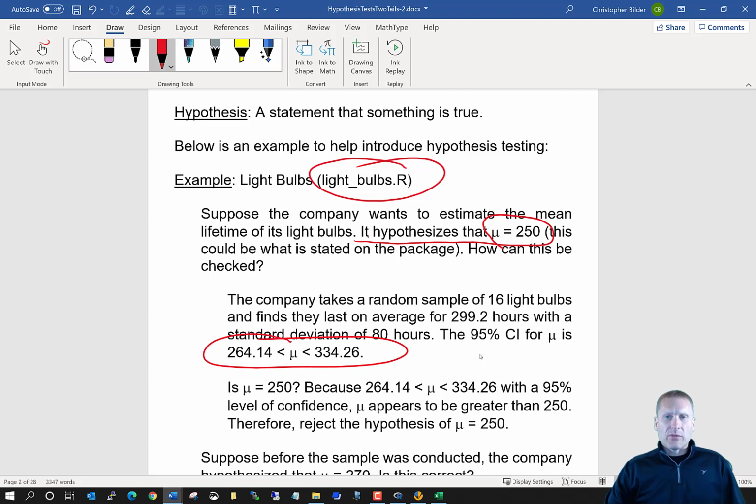So then the question is, well, is mu equal to 250? Well, because the interval is fully above 250, that says then that mu is somewhere between 264 and 334. So yes, we can reject mu being equal to 250. We do have evidence from our sample that mu does not equal 250.